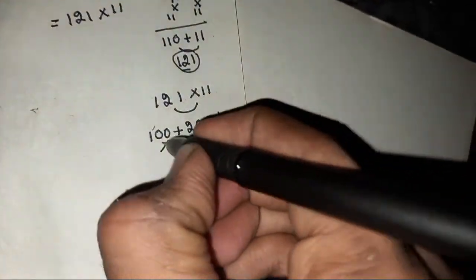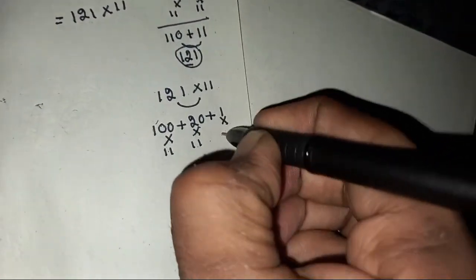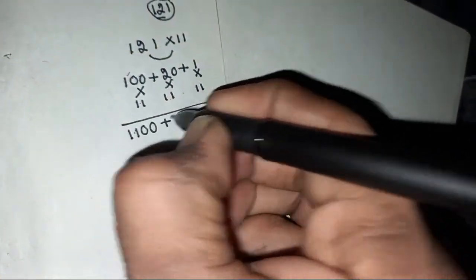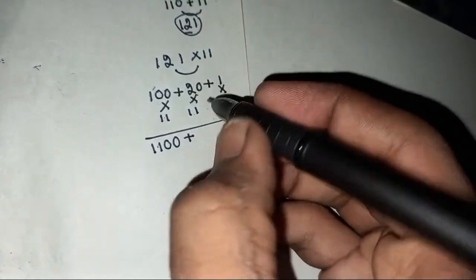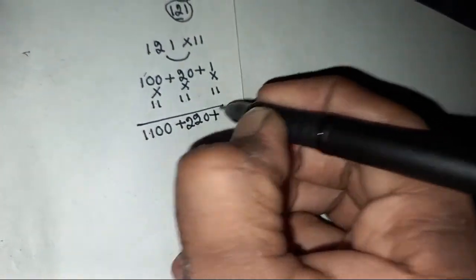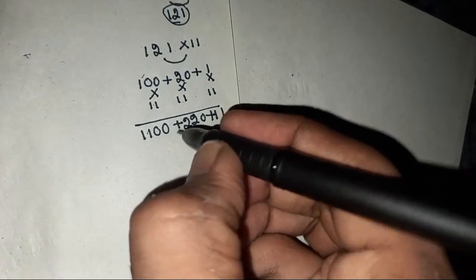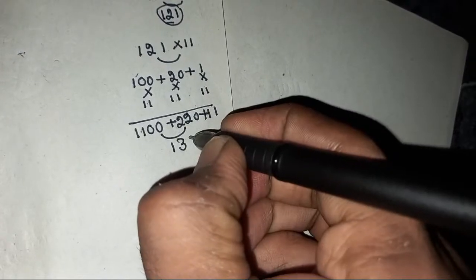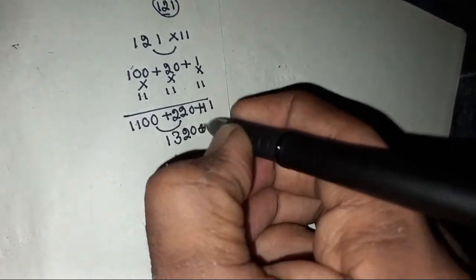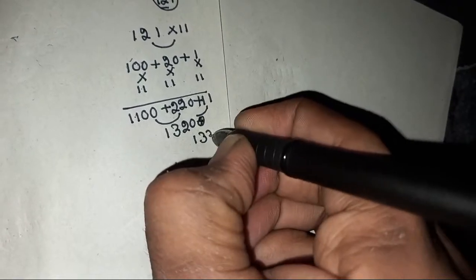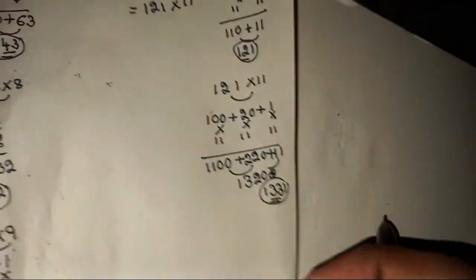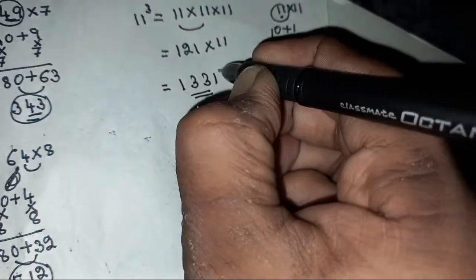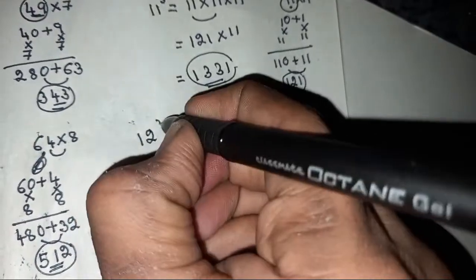Here also 11, here also 11, and here also 11. 11 times 100 is 1100. 2 times 11 is 22, so it is 220. 1 times 11 is 11. 1100 plus 220, 1320 plus 11, it's going to become 1331. This completely equals 1331. Let's take 12 cube.